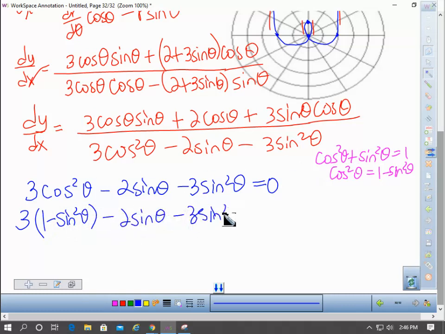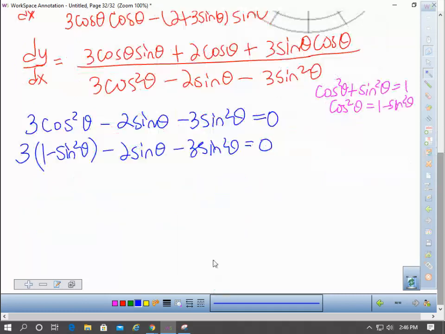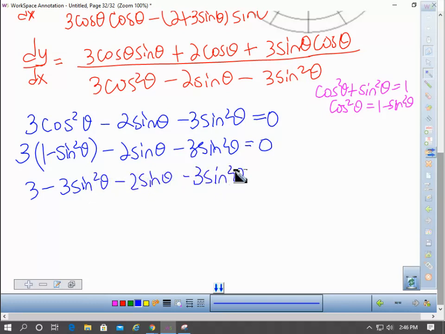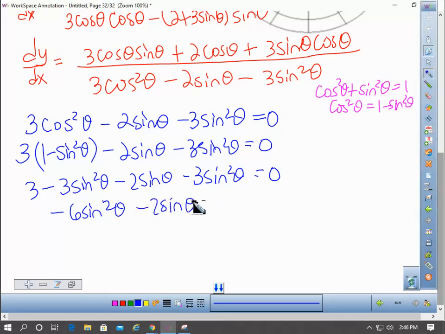All right, so now multiplying this out will give me 3 minus 3 sine squareds minus 2 sine theta minus 3 sine squareds. So this is going to give me negative 6 sine squareds minus 2 sine, I just put the higher power first, and then plus 3.